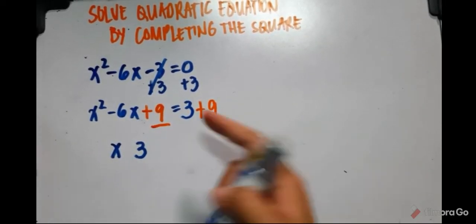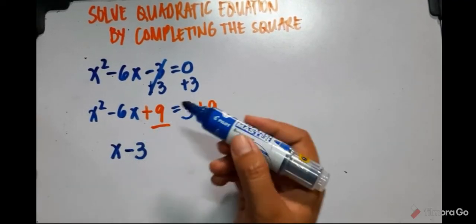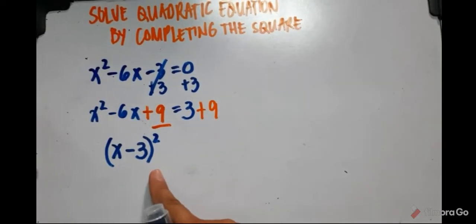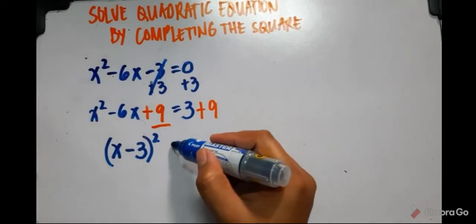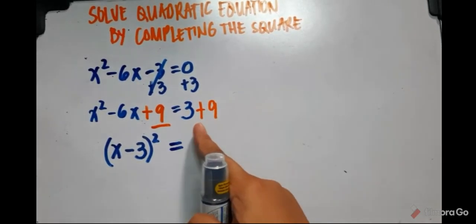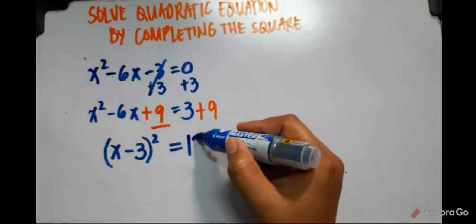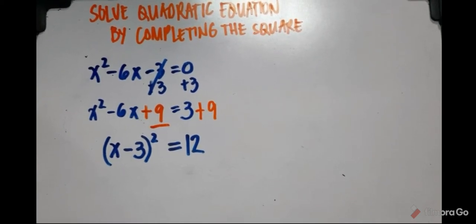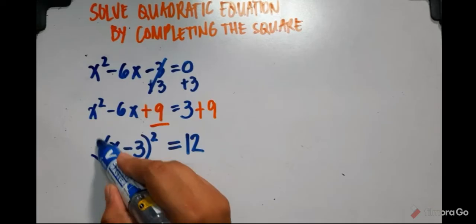And take the sign of the second term, which is negative. And then square. Now this is the square of a binomial, equal to the sum of 3 and 9, which is equal to 12. After this, we are going to apply extracting of square roots.